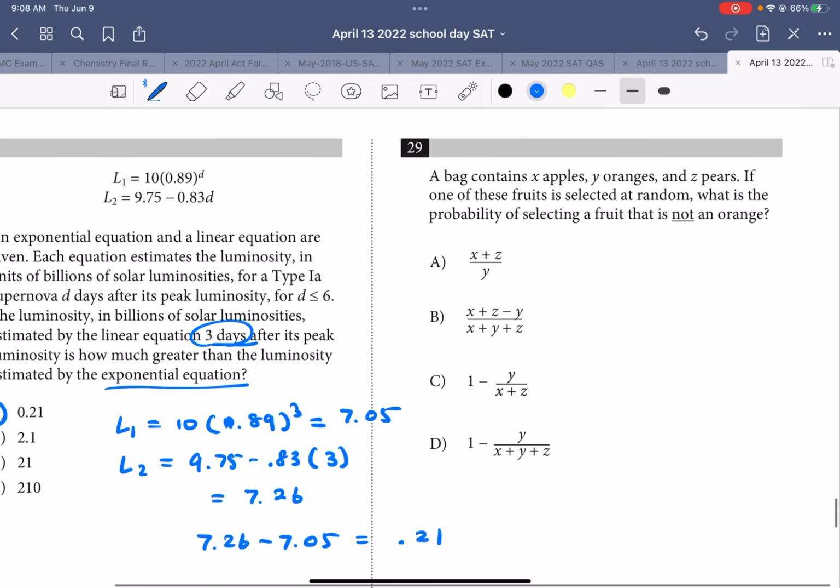29. A bag contains X apples, Y oranges, and Z pears. If one of these fruits is selected at random, what is the probability of selecting a fruit that is not an orange? So not orange is apple and pear.